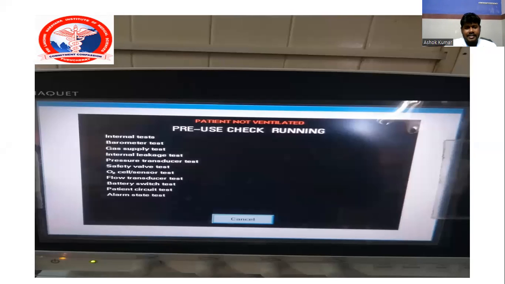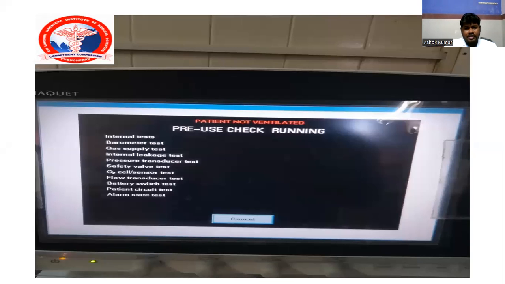Fourth will be the internal leakage test. Fifth will be the pressure transducer test. Sixth will be the safety valve test. Seventh will be the oxygen sensor test. Next will be the flow transducer test. Next will be the battery switch test and patient circuit test. And the last one will be the alarm state test.